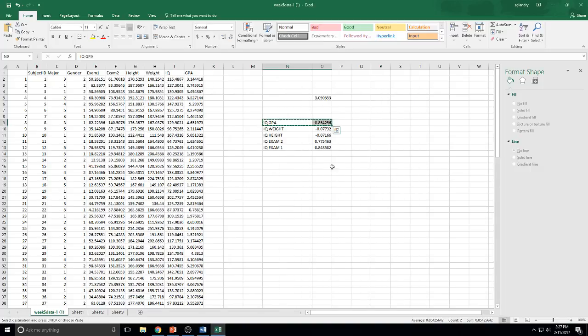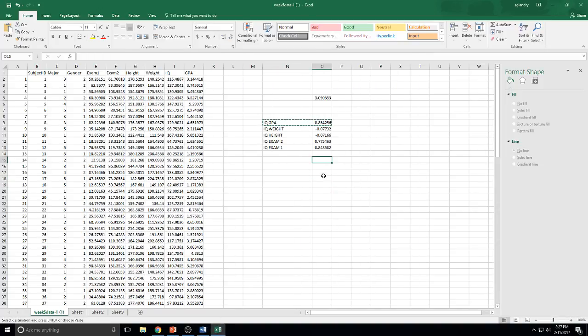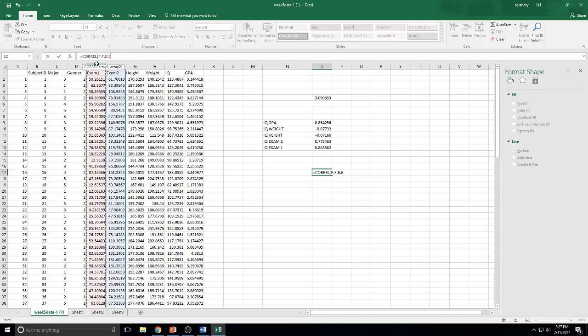Alright, what's the best predictor of exam 2 scores? Alright guys, predictor is just another way of saying correlation. So what's the best predictor of exam 2 scores? I'm going to do the exact same thing. So equals Correl of exam 2, comma, exam 1. Exam 2 to exam 1.